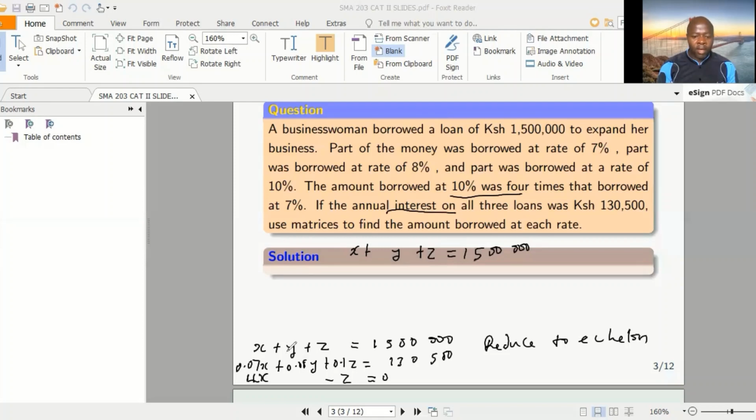And then y times 0.07, you get 0.07y. Subtract that from 0.08y, and what you get is 0.01y. Now this one times 0.07, subtract from 0.1, you get 0.03z.